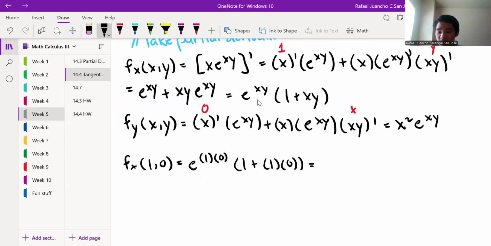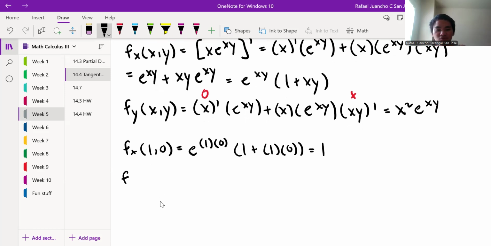So here I'm just plugging in everything I know. This is 1. This is 1. So it's actually just 1. Right? That's just 1. Now let's do my y value. I'm going to plug in 1 squared e to the 1, y to the 0. 1 times 1 is 1.